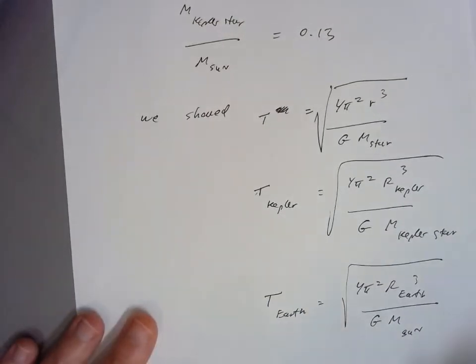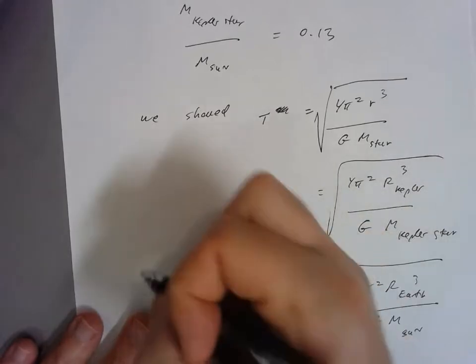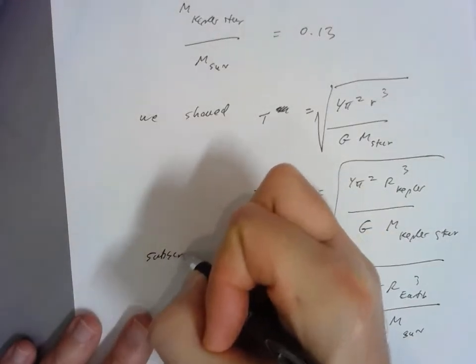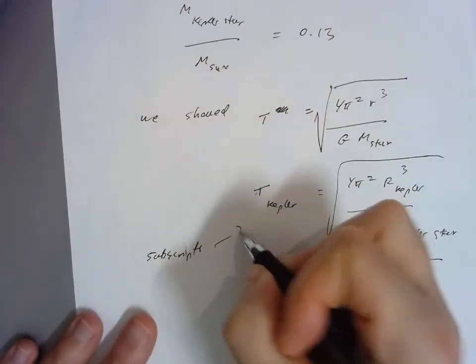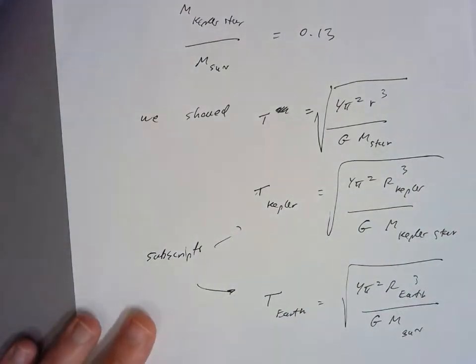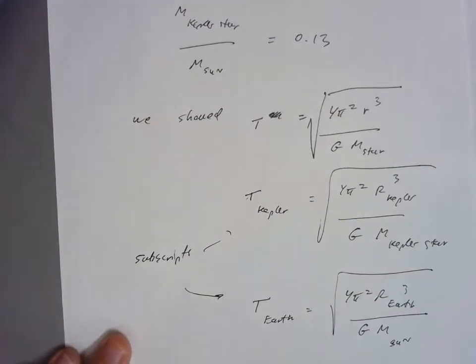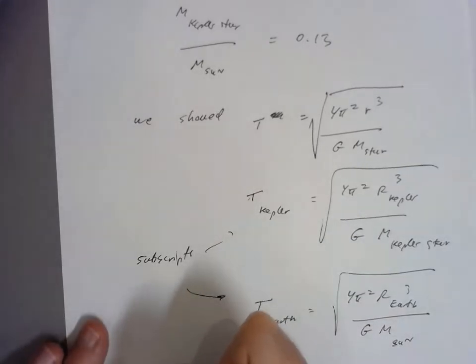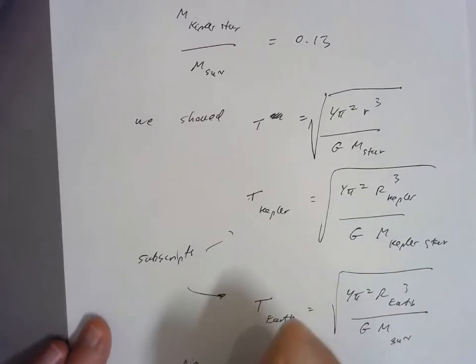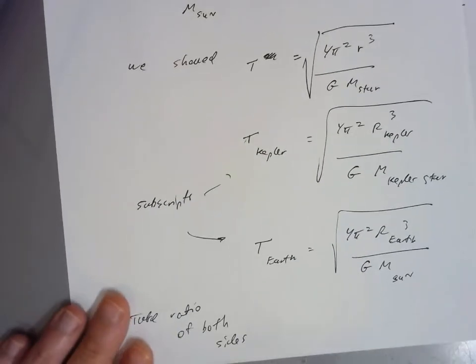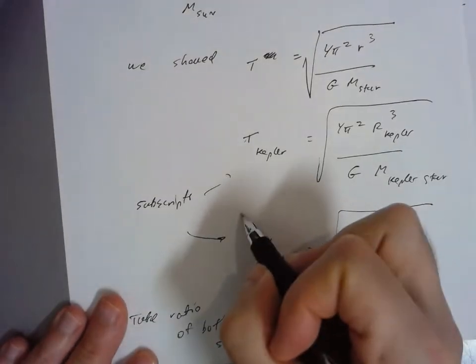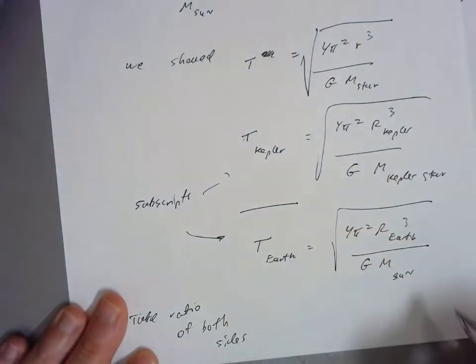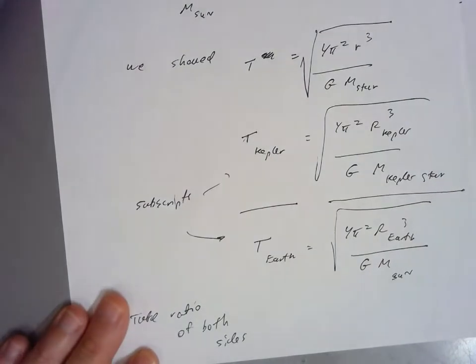By writing that twice, and pay attention to your subscripts so you don't lose track of whose period and whose radius you're talking about, now we can take a ratio of both sides. That's how we set up ratio problems. So I'm going to divide the left side by the left side and the right side by the right side.